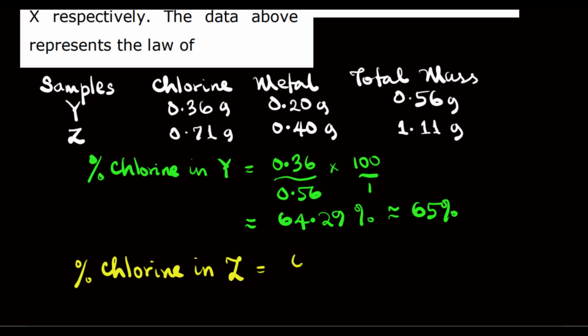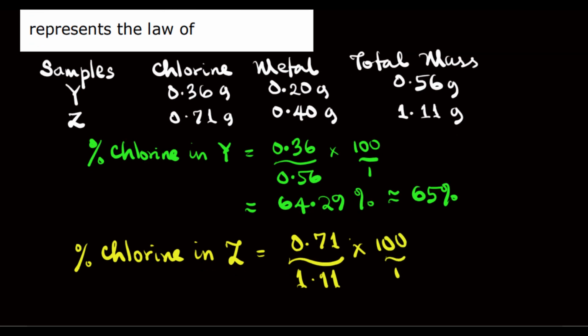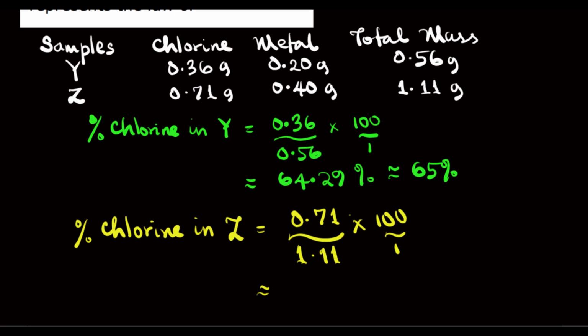So this will be 0.71 over 1.11 times 100 over 1, which gives us 63.96%. Actually, this is approximately 64%, while this one's, that's my bad, this is actually approximately 64%.